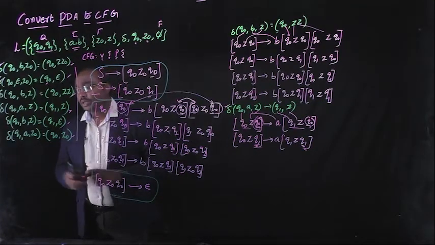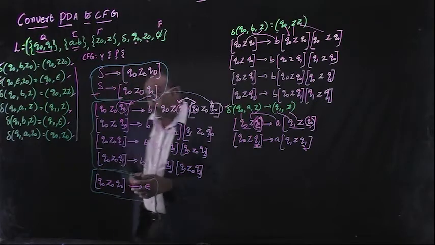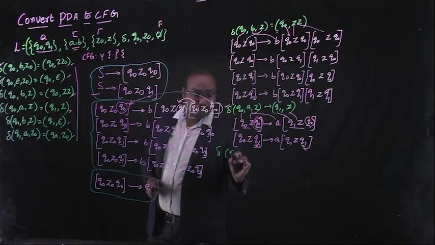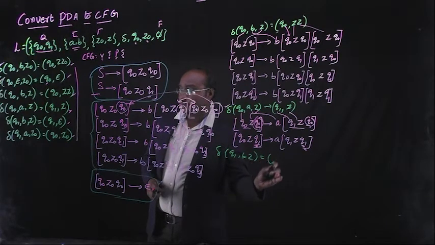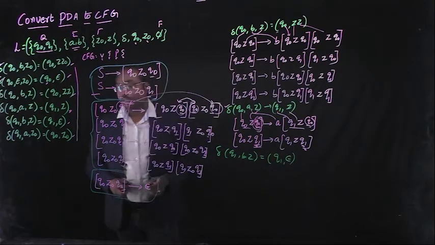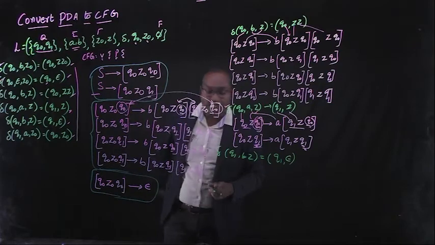And next one, delta Q1 comma B Z is equal to Q1 comma epsilon. Then how to write the production rule for this transition function?